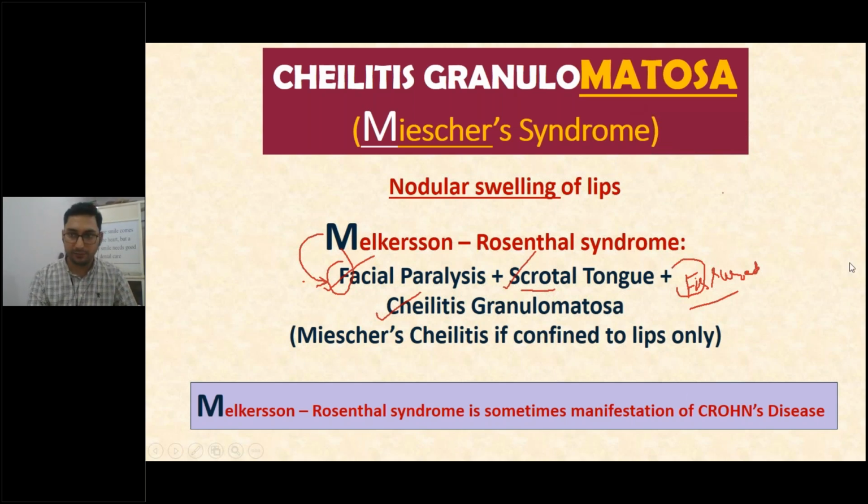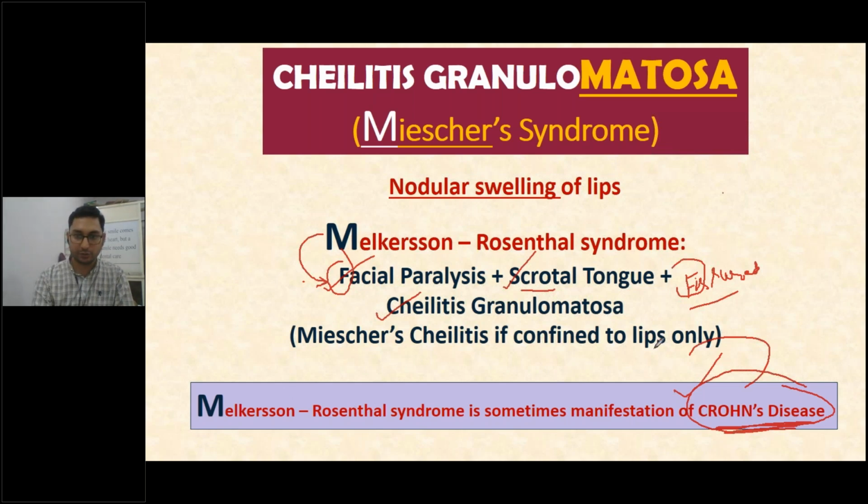Done. Next, very important, which again I think if the examiner has to put a difficult question, then this is the one out of this topic. Melkersson-Rosenthal syndrome sometimes is a manifestation of Crohn's disease.